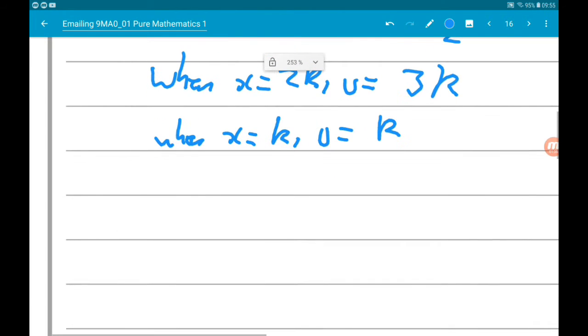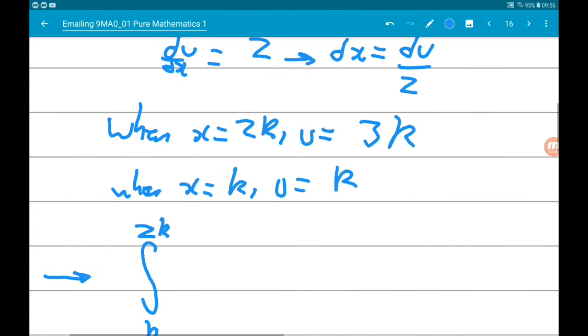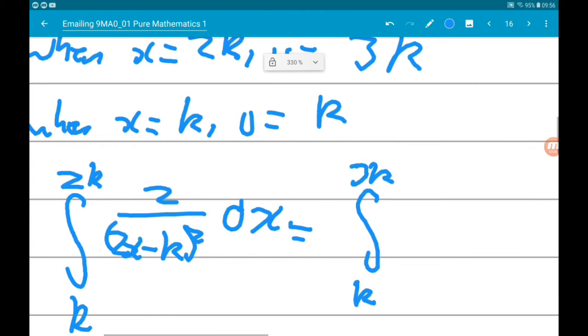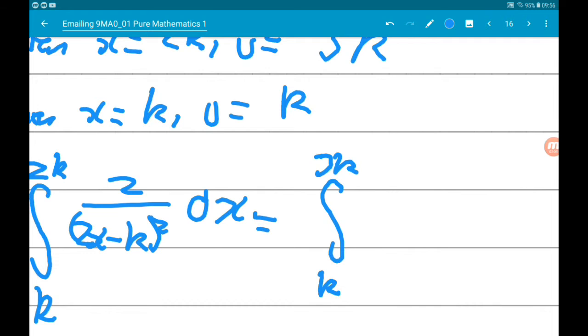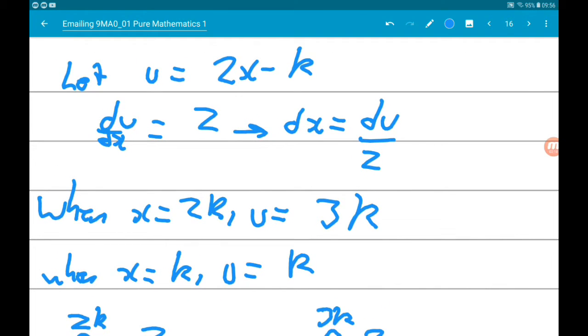So the integral between k and 2k of 2 over 2x minus k squared with respect to x is the integral between k and 3k of 2 over u squared, and the dx was du over 2.